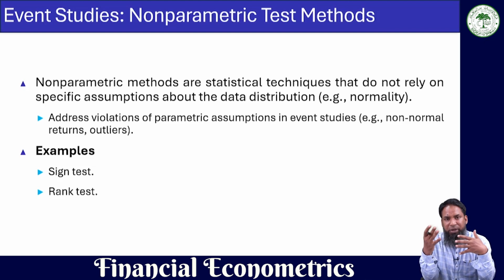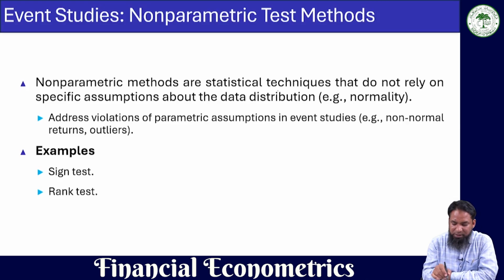Then in the beginning we talked about the two approaches, the parametric method and the non-parametric method. The non-parametric methods are statistical techniques that do not rely on specific assumptions about the data distribution.